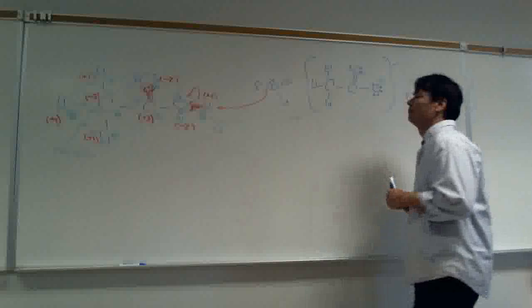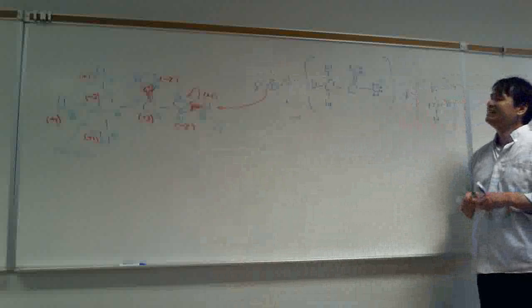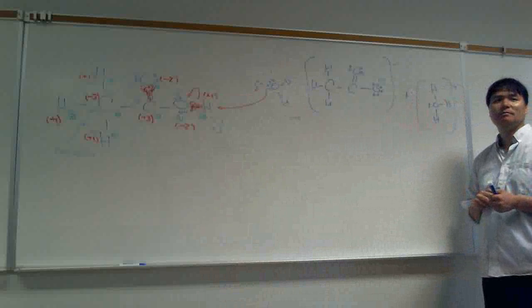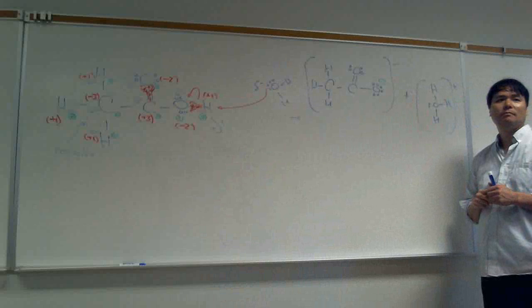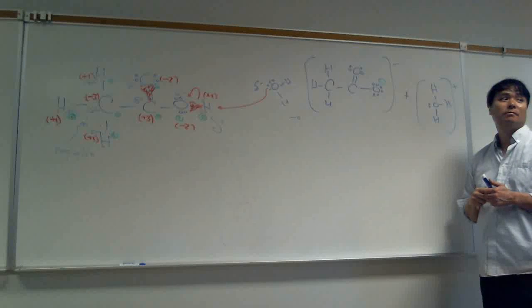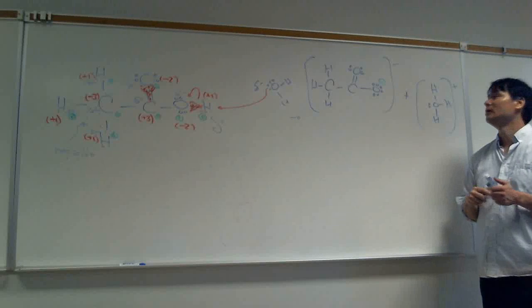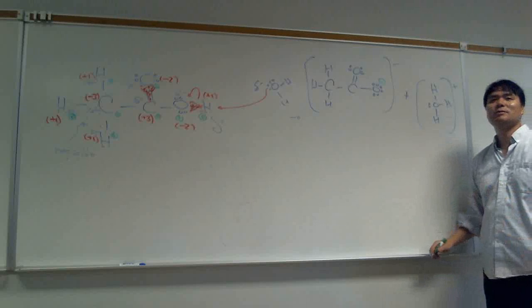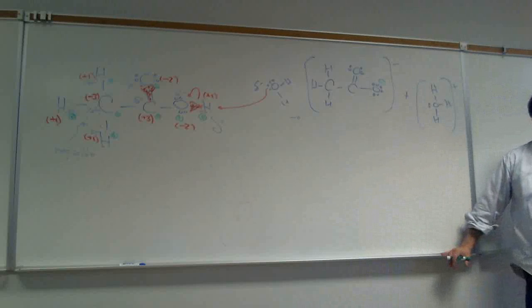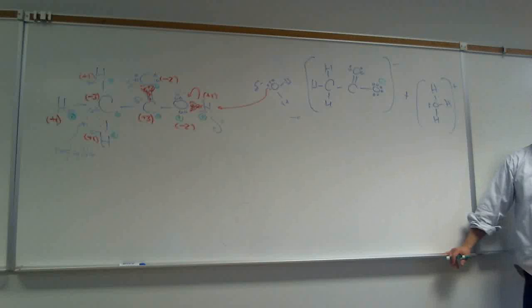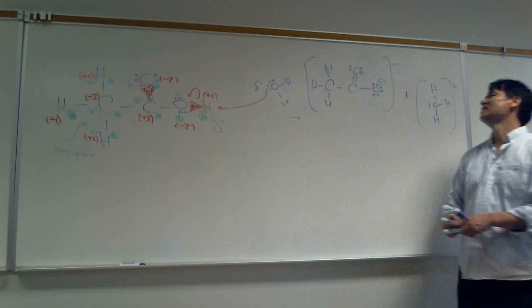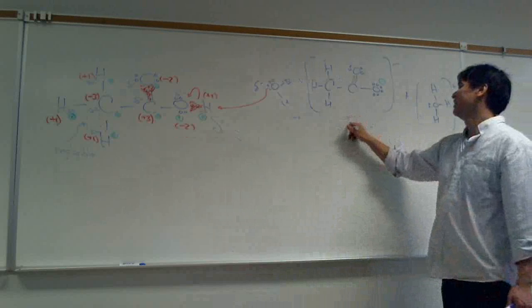Like that. But is this oxygen really -1? It's not between -1 and -2. It's between -1 and 0. How do I know it's between -1 and 0? Because of resonance.